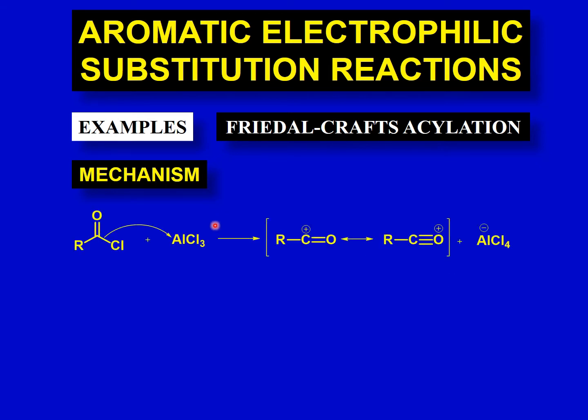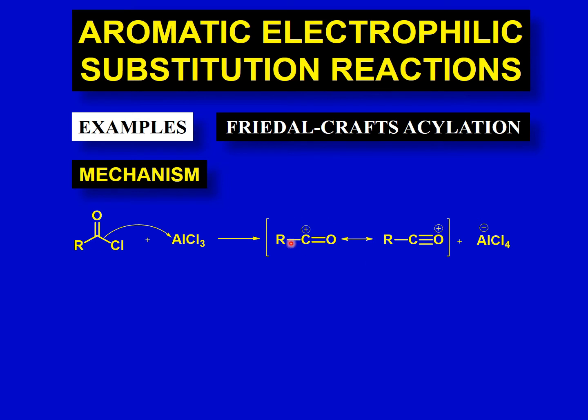Let us see the general mechanism for the Friedel-Crafts acylation reaction. In the first step, this acyl halide reacts with the Lewis acid. A Lewis acid is an electron deficient molecule. This aluminium has formed 3 bonds and it is an electron deficient atom in this case. So this halogen from the acid halide attacks the aluminium in aluminium chloride, and as a result an acylium ion is produced.